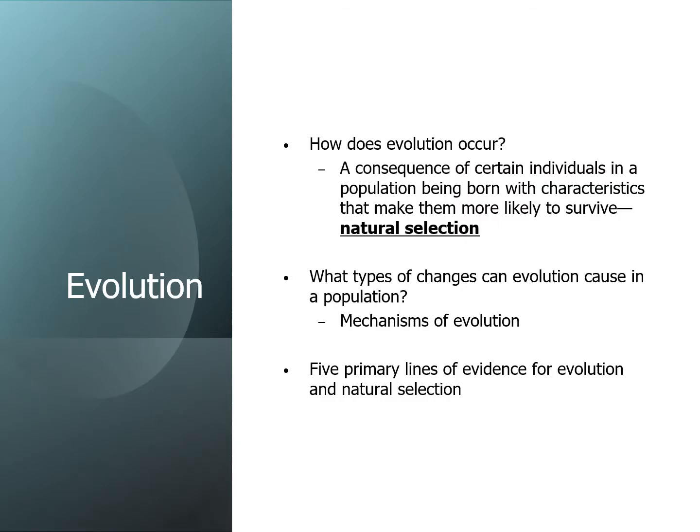So how does evolution occur? It's a consequence of certain individuals in a population being born with characteristics that make them more likely to survive, which is something we call natural selection. Now, natural selection, a lot of people sort of think of it as survival of the fittest. That is not necessarily true. We're going to talk about that phrase here in a bit.